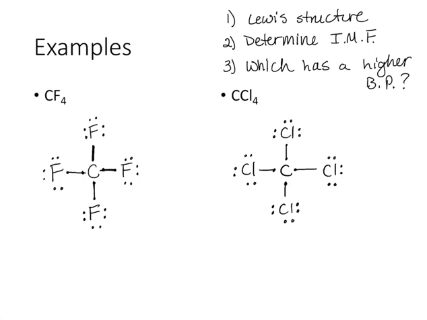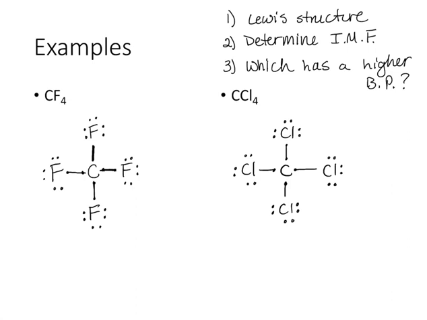Now, let's consider the central carbon atom in each of these structures. What is the steric number of each of those carbons? 2, 3, or 4? 4. There are 4 bonded atoms on each carbon. If the steric number is 4, what is the hybridization of each carbon? Is it sp, sp2, or sp3? sp3, great.